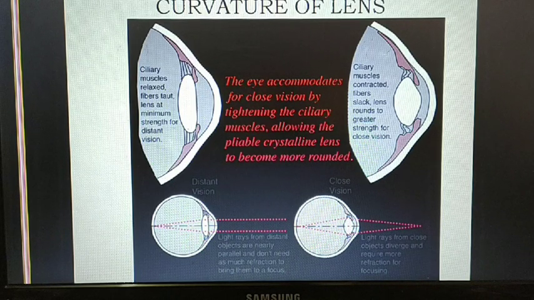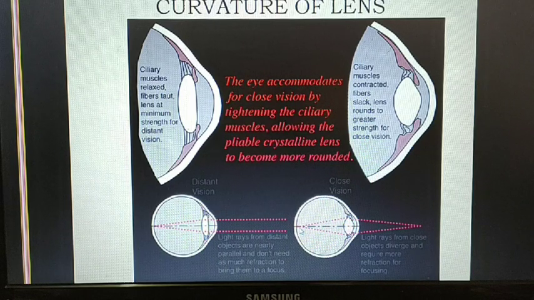So when the light rays enter the eye from a near object, the lens refracts these rays onto the macula lutea.